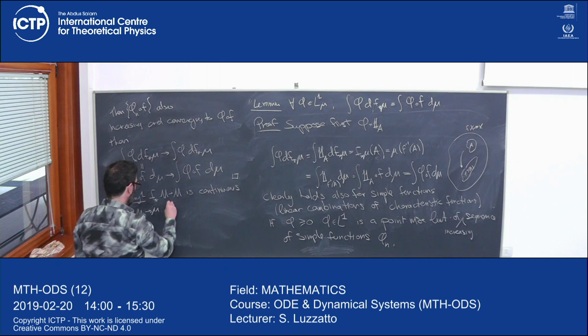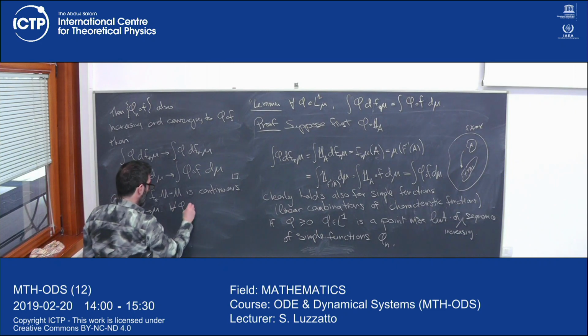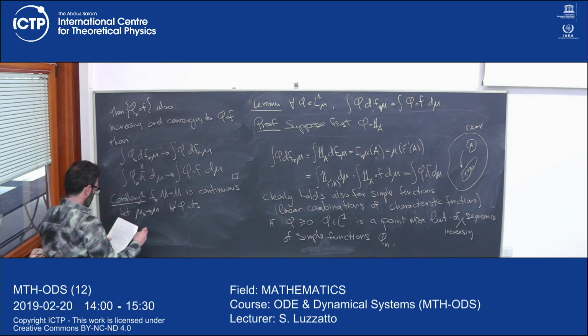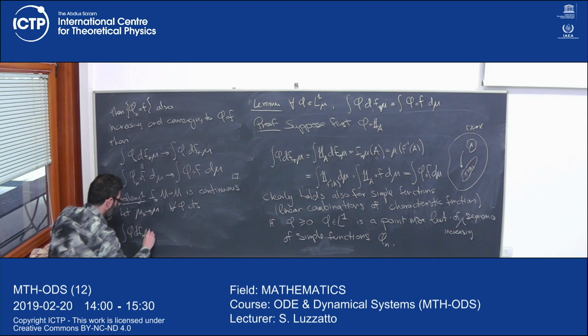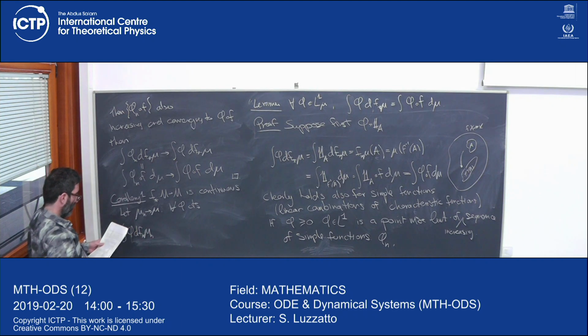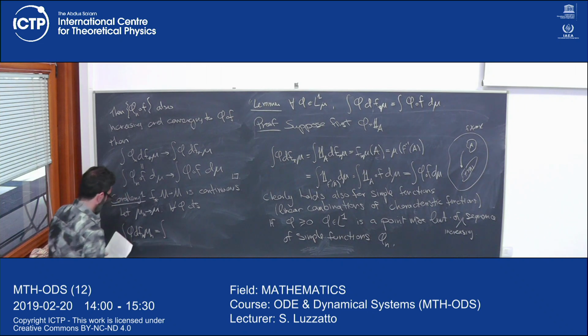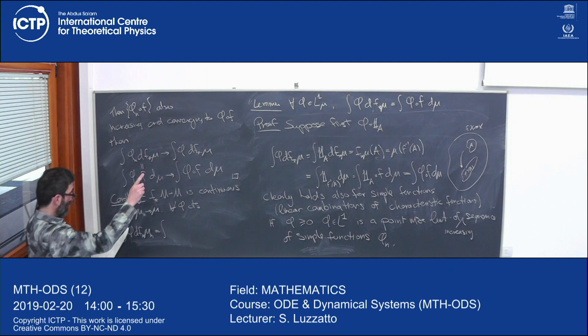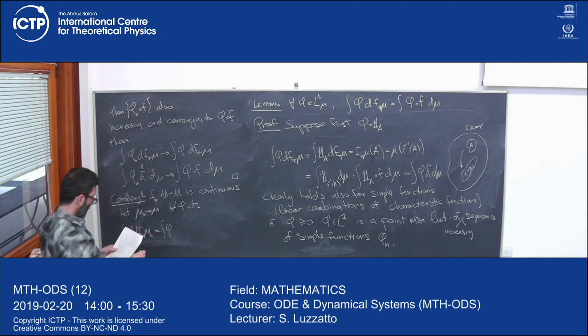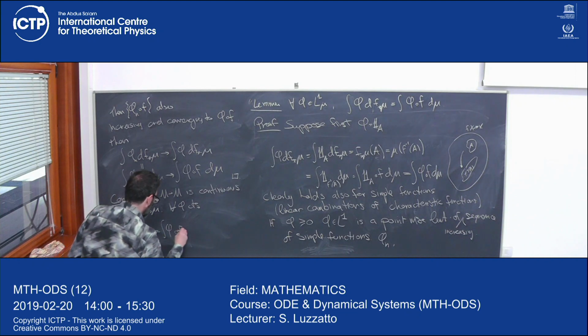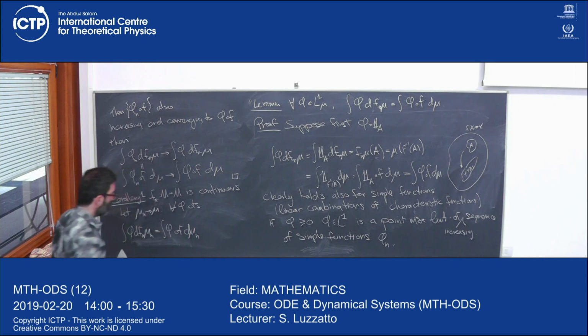Then for all phi continuous, we have that the integral of phi with respect to d f star mu n, by the lemma, is equal to the integral of phi composed with f d mu n.